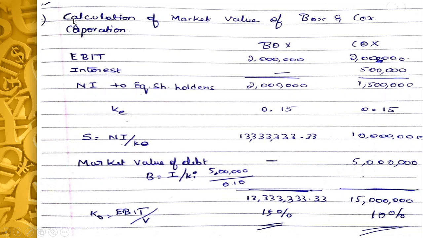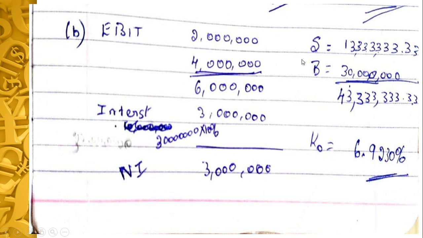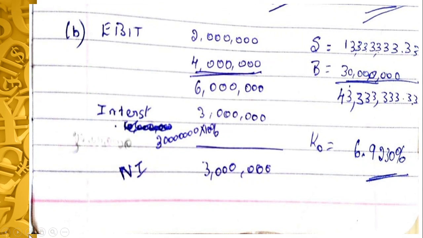See here, the EBIT, there has been an addition of 4 million. So now the EBIT is standing at 6 million.